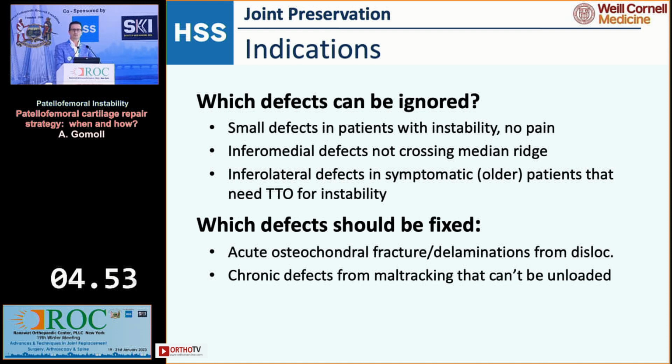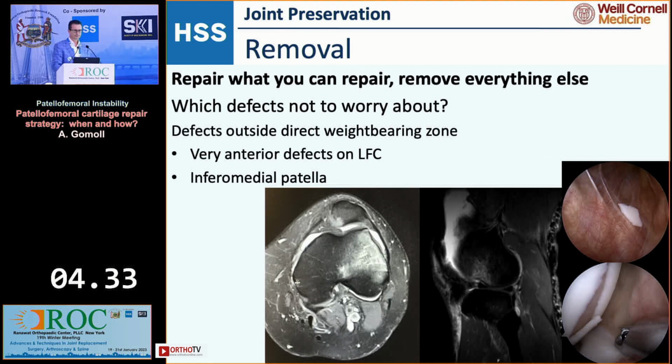But then which defects should be fixed? So if I have, especially a young patient, acute dislocation with an osteochondral fracture or delamination, that's someone I would consider repairing. And then if I have a chronic defect from maltracking that I can't simply unload with an osteotomy, I might do an osteotomy plus cartilage repair.